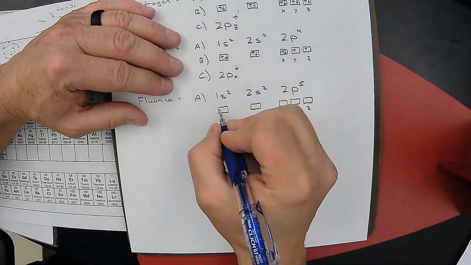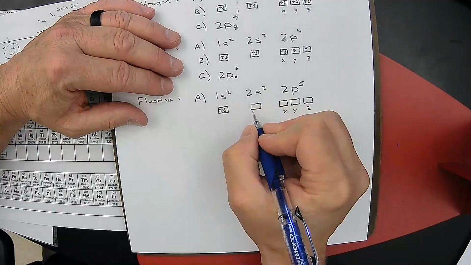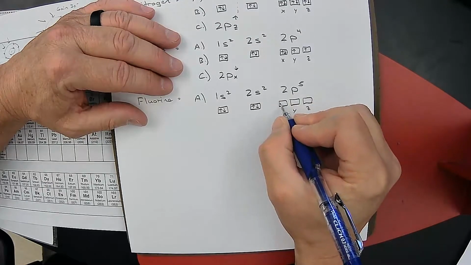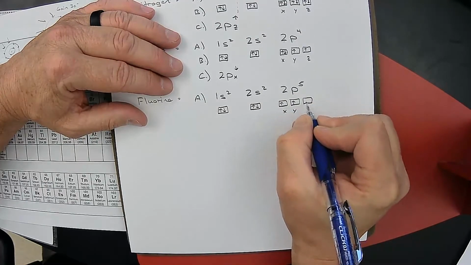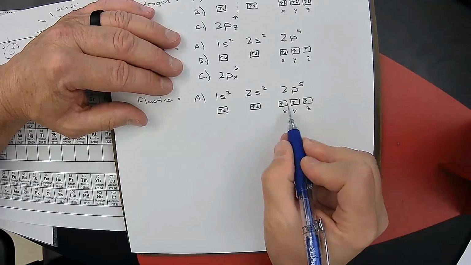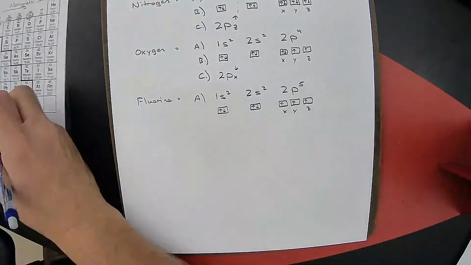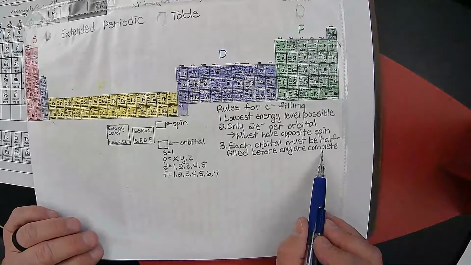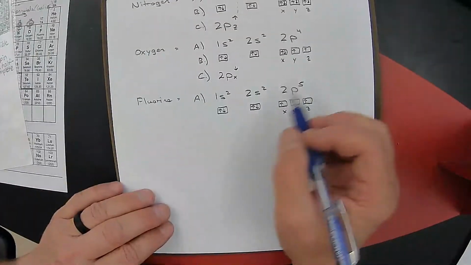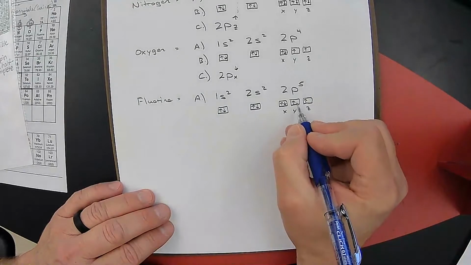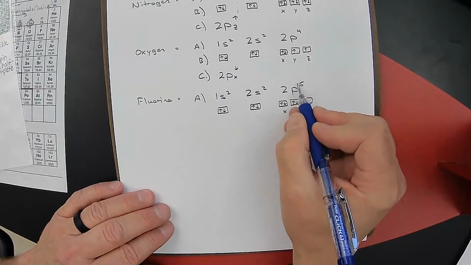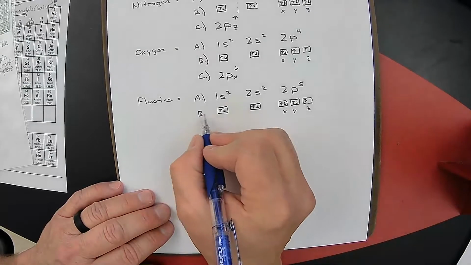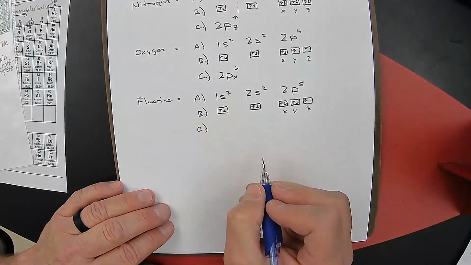You have an up and a down in the s, an up and a down in the s, and then 5 electrons. Remember, it's an up, up, up. Each orbital must be half full before any are complete. Then we go back and we go down, down. 5 total electrons in the 2p.